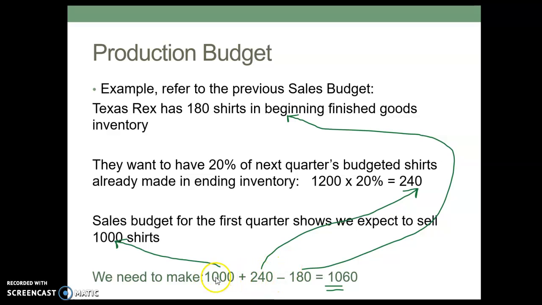That's the total we need, 1,000 plus 240, that's 1,240. But we already have 180 ready to go on January 1st, so we don't have to remake those, so we can subtract those 180. And that gives us 1,060 shirts that we need to make in the first quarter.